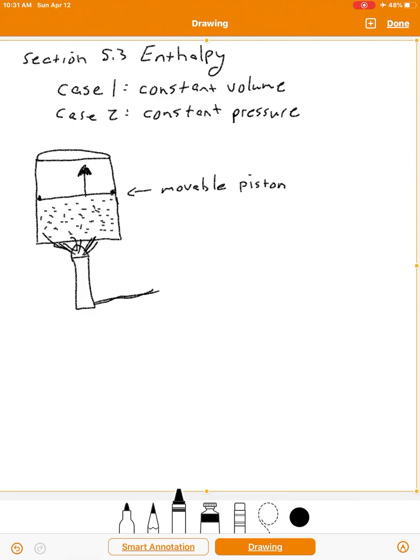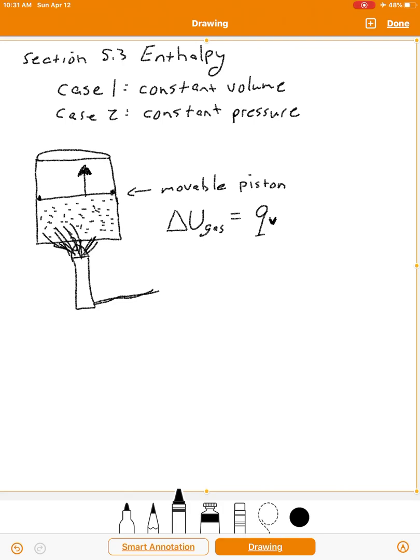So that means all of the energy that is coming in as heat, as thermal energy, is going to go into the gas. And so what I'm going to do is I'm going to say the following. The change in internal energy of the gas for this constant volume case is going to be equal to the heat that we put in. Now, I'm going to indicate that this is the case because the volume is constant. Okay?